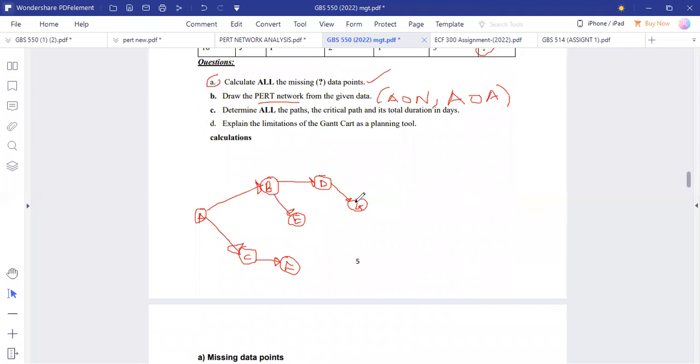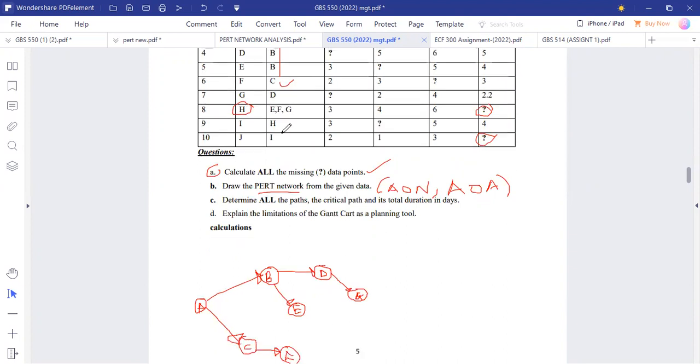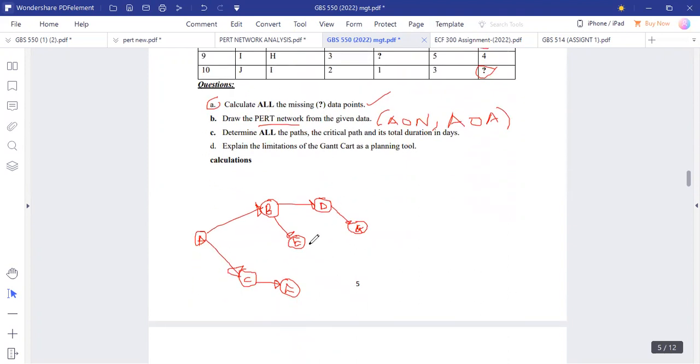Then we have the other one, which is after E. So after D, there is G, right? Now, after E, F, and G have been completed, there is an activity that is taking place here.